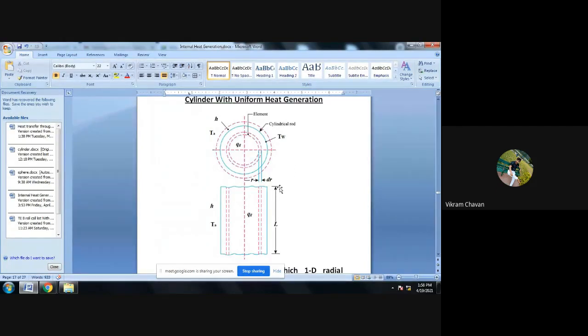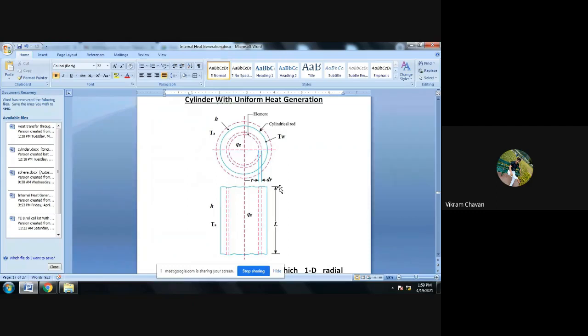Okay, we'll start the lecture. So in the last lecture, we discussed heat generation in the wall, and for that we considered two cases. Case number one is when both surfaces of the wall have the same temperature, TW.